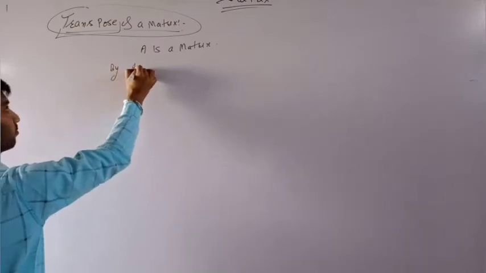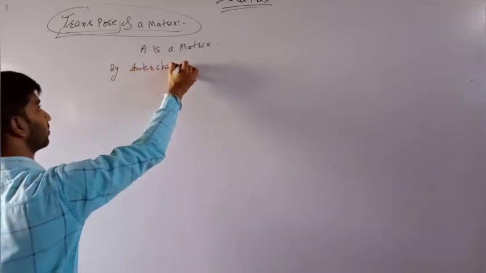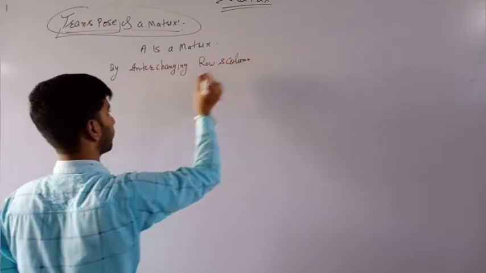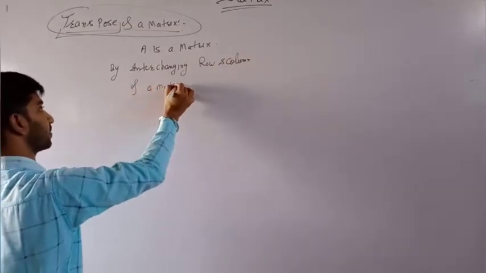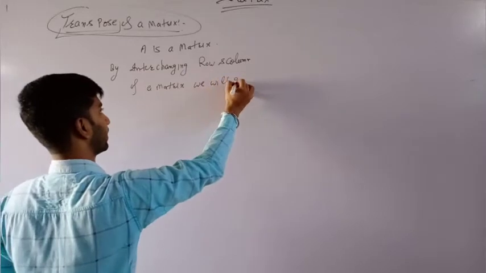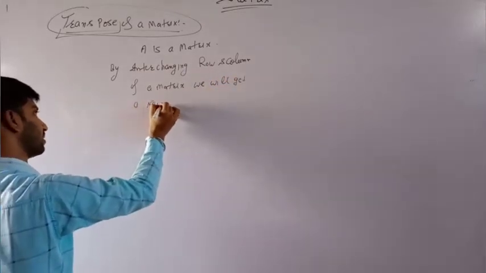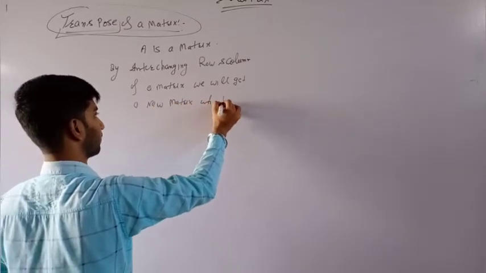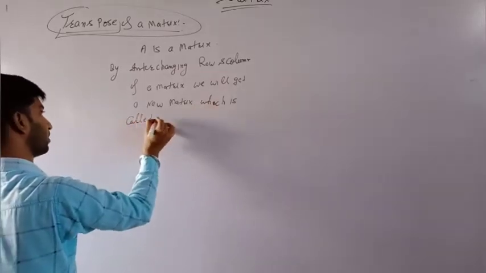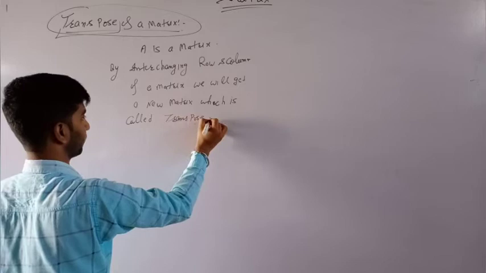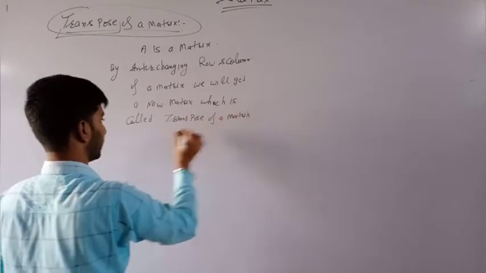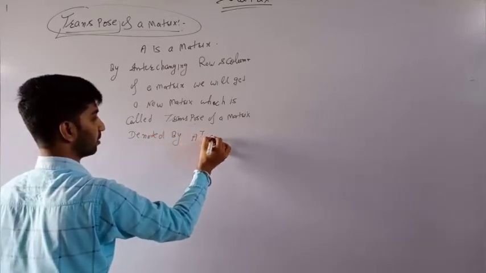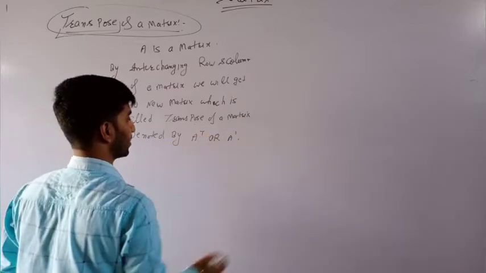By interchanging row and column of a matrix, we will get a new matrix which is called the transpose of a matrix, denoted by A transpose or A dash.